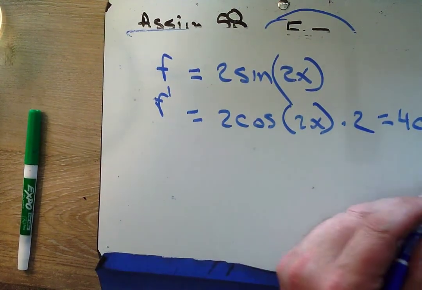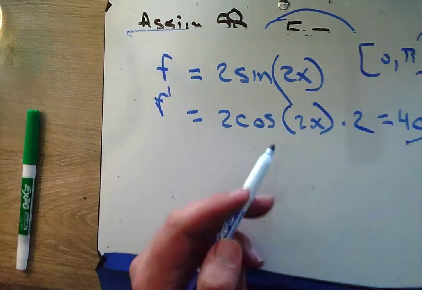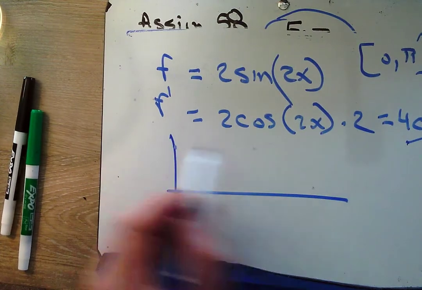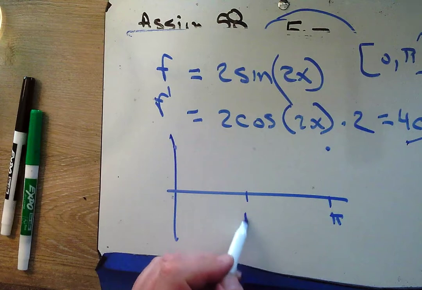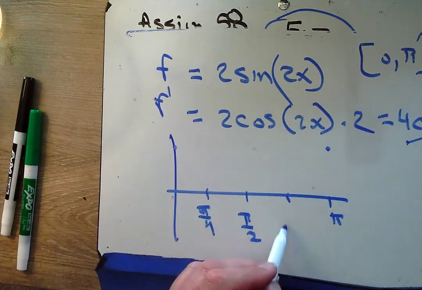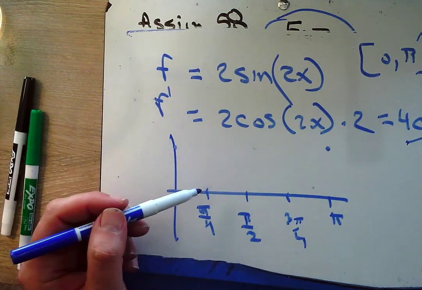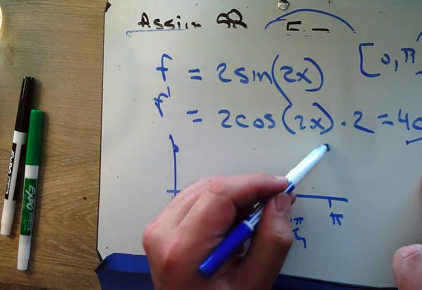So when I think about this graph on 0 to pi, what's it look like? Well, it's pi over 2, pi over 4, 3 pi over 4, and start at pi, come to 0, down, and back up again.